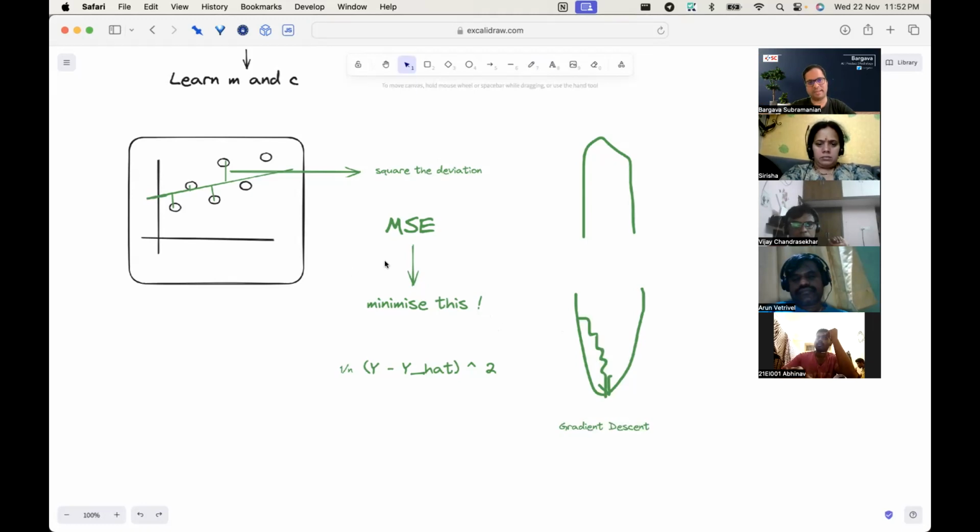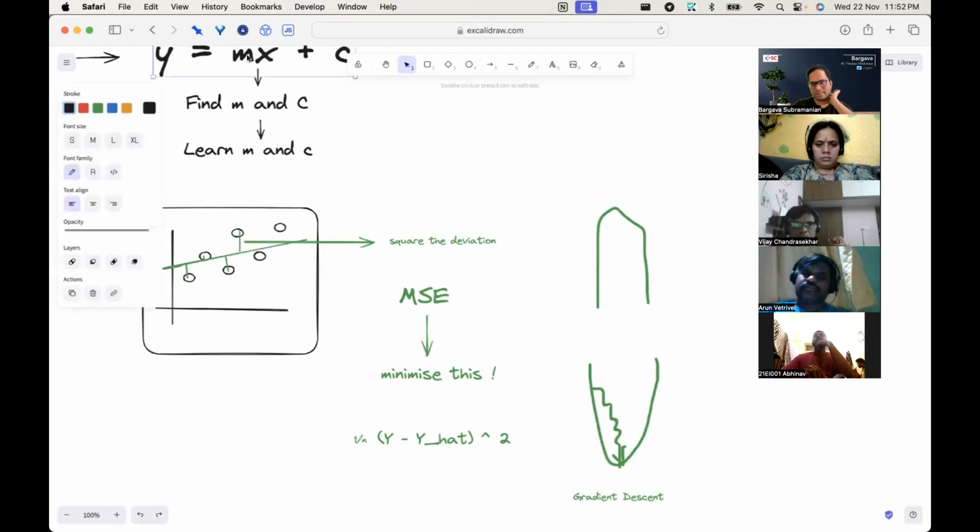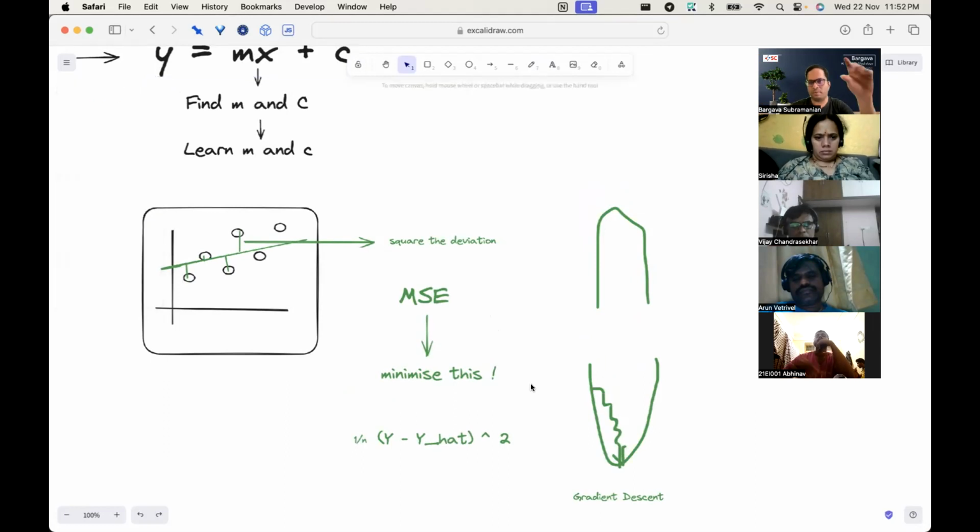Once I know my gradient, I can update my value. Initially we talked about m and c. We take partial derivatives with respect to m and c. I know the delta value that I should move in that direction. As I keep moving, I keep modifying my values of m and c gradually.